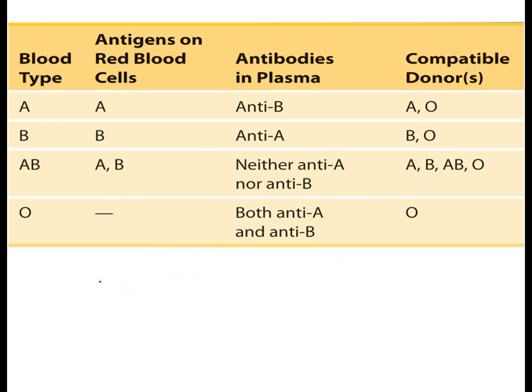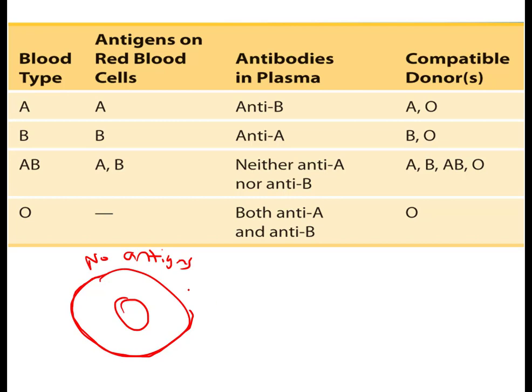Lastly, a person could have type O blood. If you have type O blood, your blood cells are free and clear. There's no antigens on your blood cell at all. But the problem is, if you have type O blood, you have both anti-A antibodies and you have anti-B antibodies.